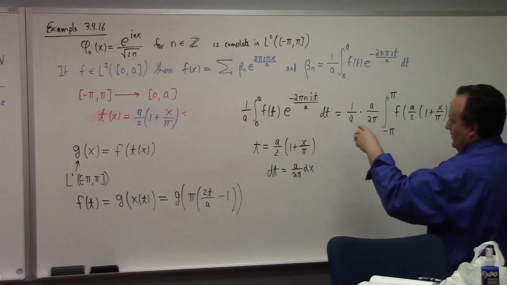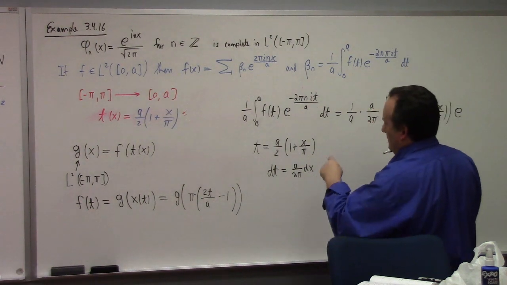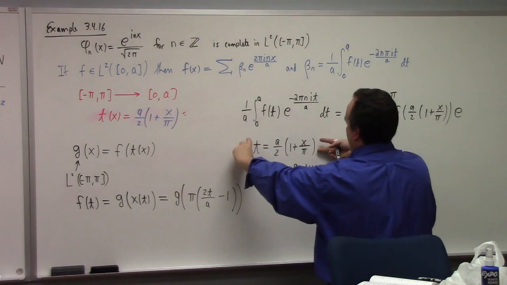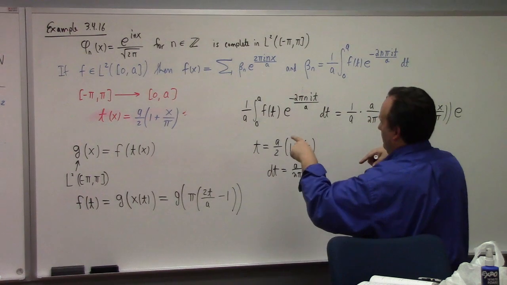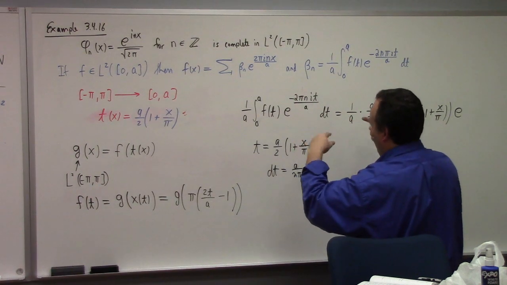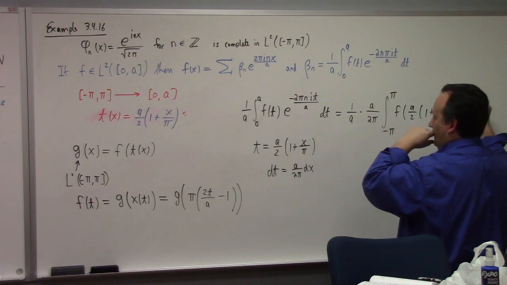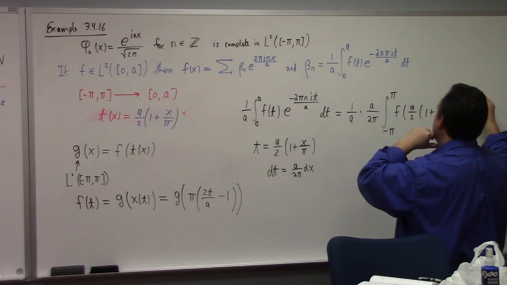All right, so what happens with this up here? Do you see what happens? Think about plugging this into here. The a goes away, the 2 goes away. You get 1, you get pi, and one of the pi's is going to drop.